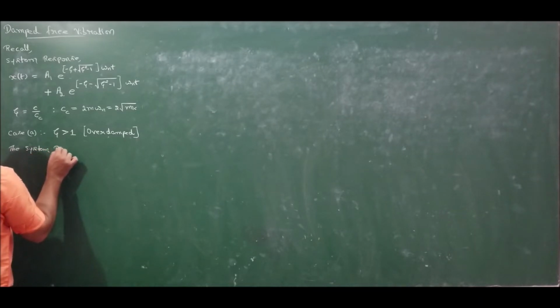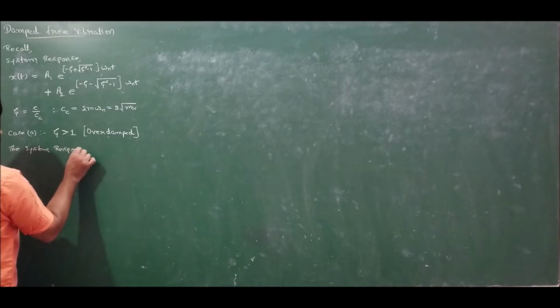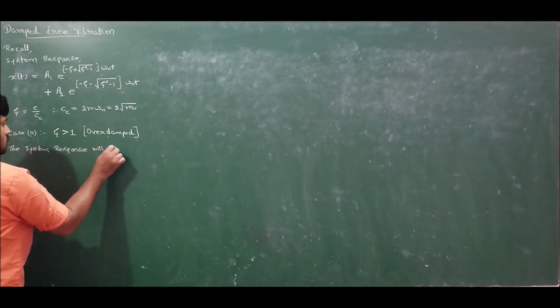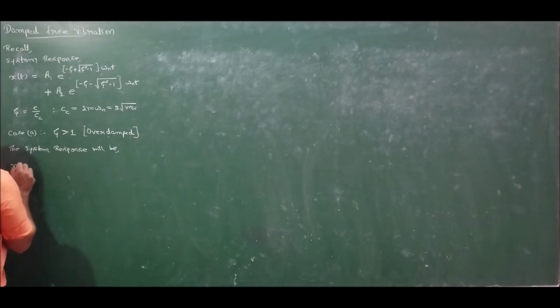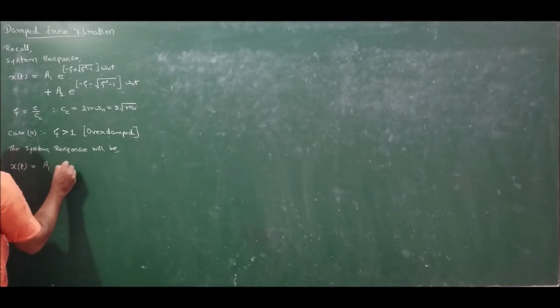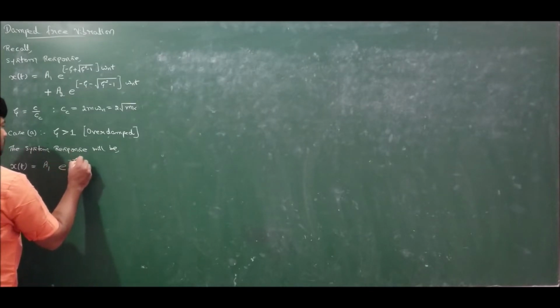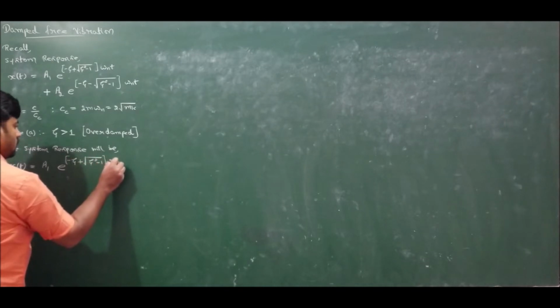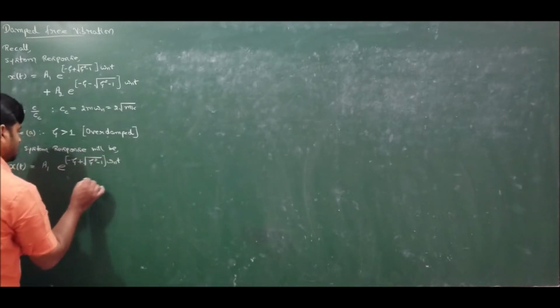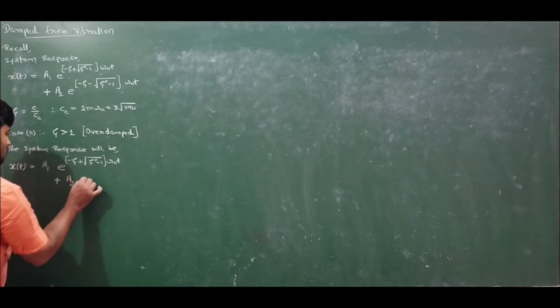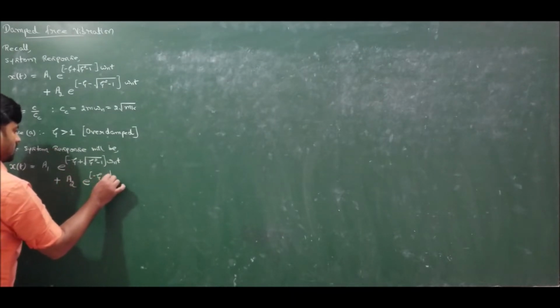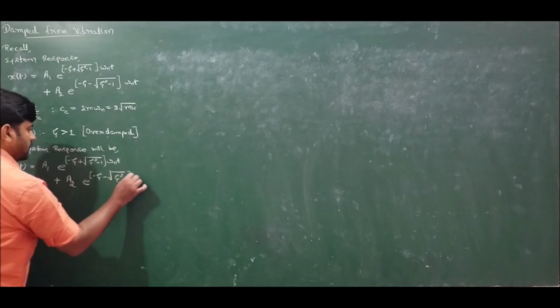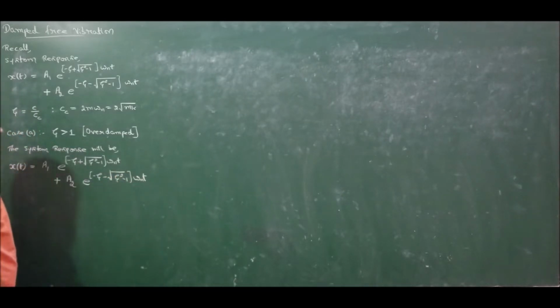The system response will be the same, that is, displacement as a function of time is equal to a1 e to the power of minus zeta plus root of zeta square minus 1 into omega n t, plus a2 e to the power of minus zeta minus root of zeta square minus 1 whole multiplied by omega n t.